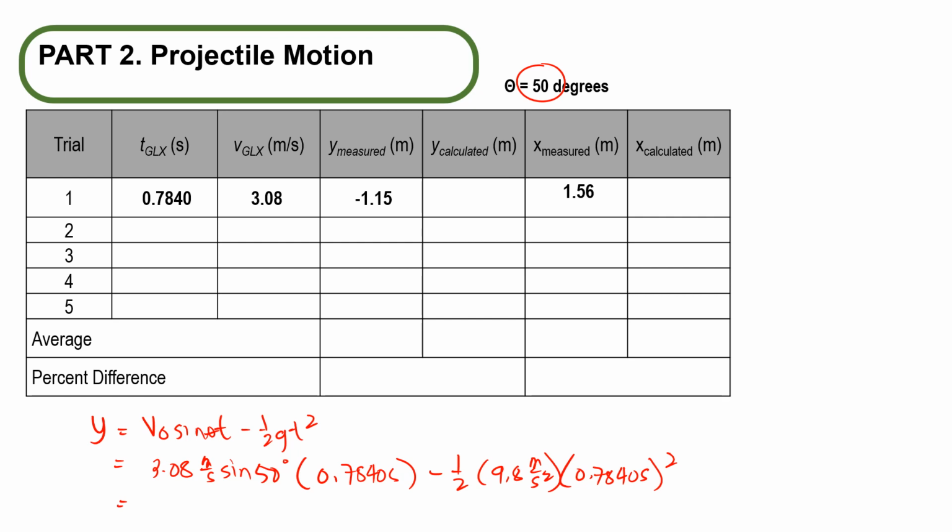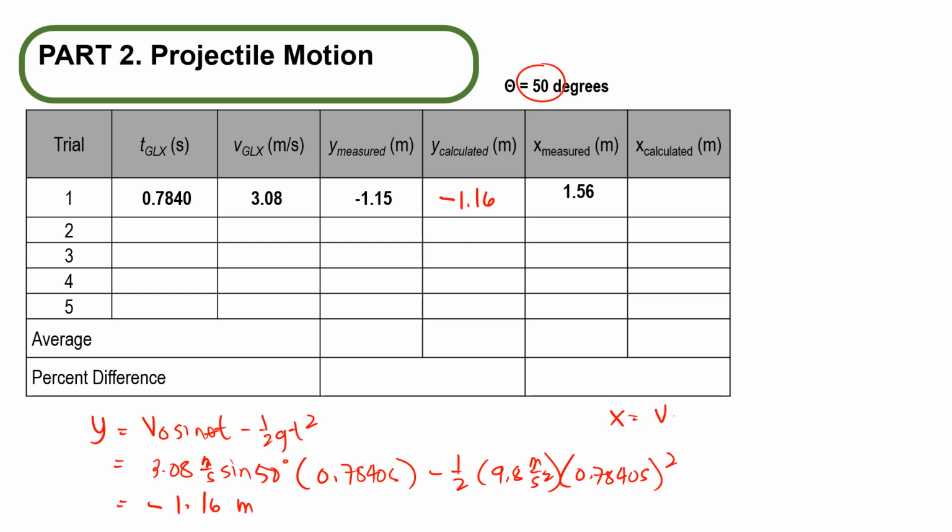So the y calculated here is equal to negative 1.16 meters. So guys, the answer here is negative because the negative is the direction, meaning the ball is going downward. So the y here is negative. Again, the y calculated based on our computation is negative 1.16.